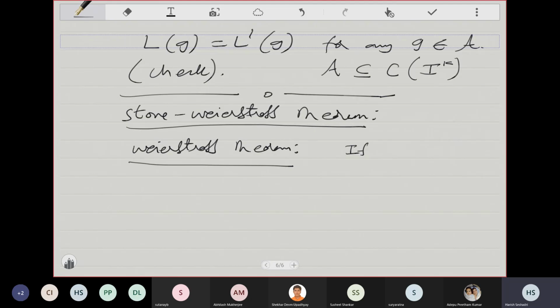If F belongs to C of Ik, the Ik is not important, any compact set will do.